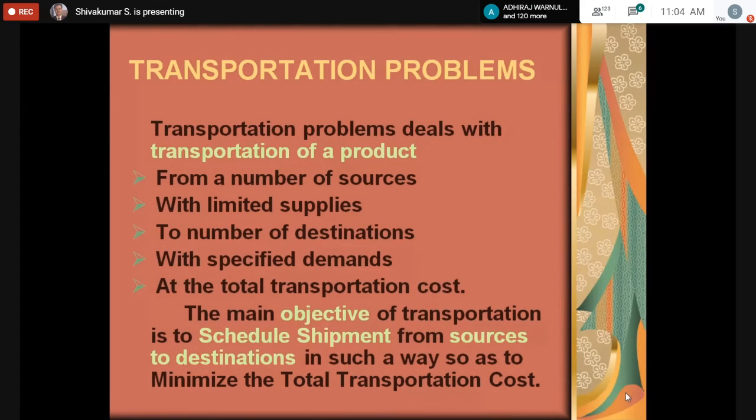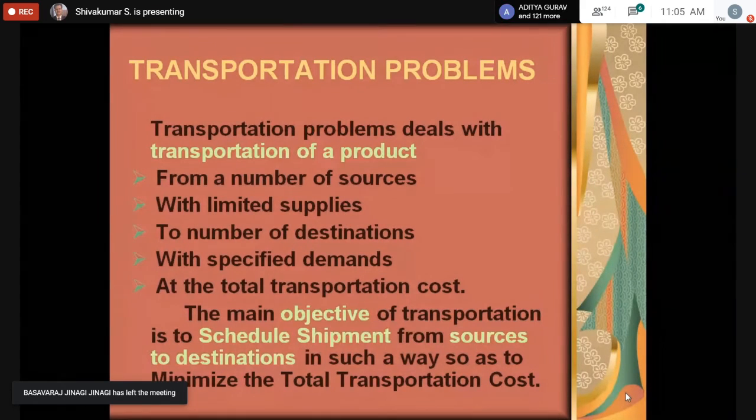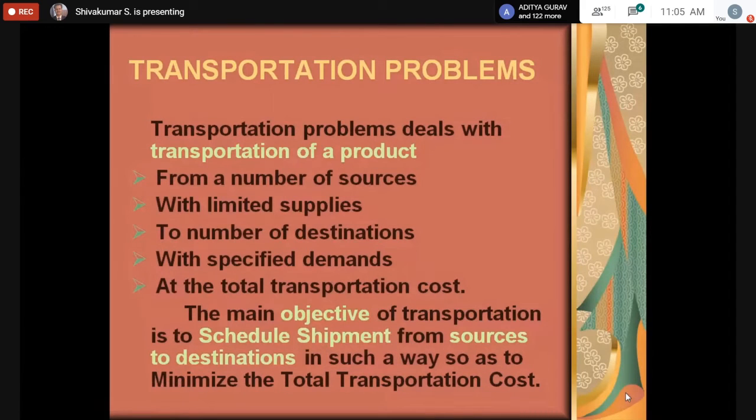The main objective is to schedule shipments from sources to destinations in such a way that the total transportation cost is minimized. That's all about this chapter. It's one of the areas of OR, that is transportation problems.